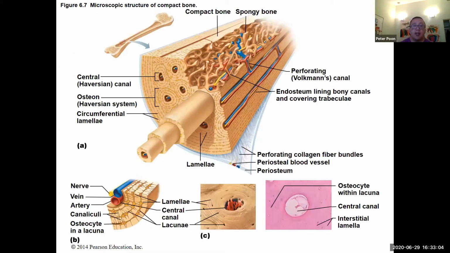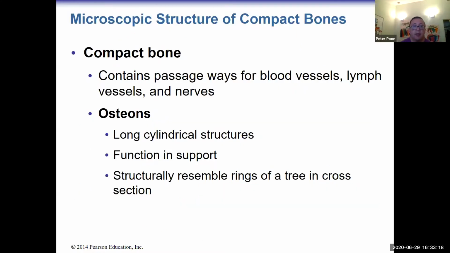The next thing I'm going to go over is the microscopic structure of compact bone. That's the other model that you really have to understand. Just because compact bone is compact doesn't mean that there's no blood.